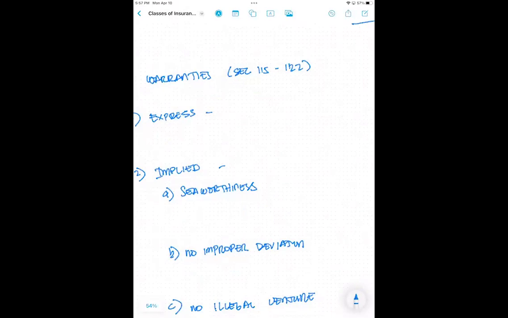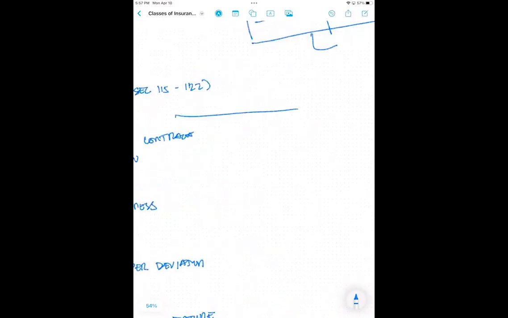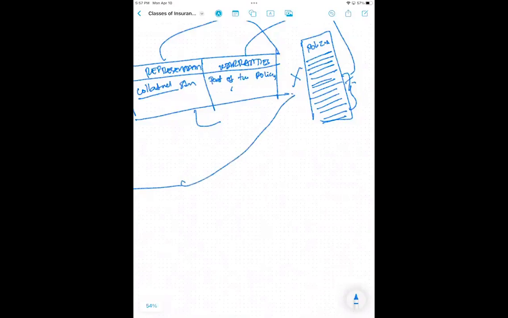Insofar as express warranty is concerned, when we say express, these are actually written, either in the contract or policy or in the law. For it to be an express warranty, it must be expressly written in the policy.